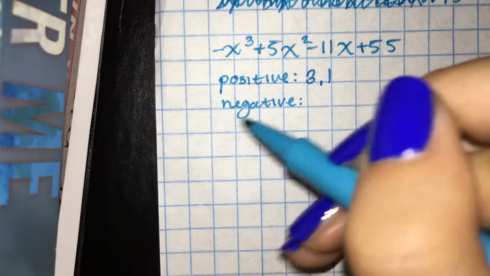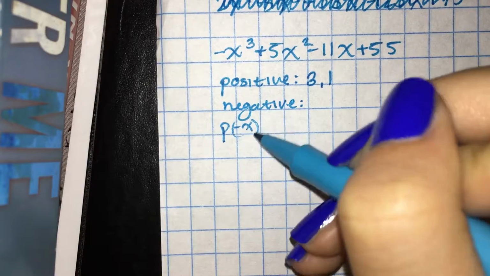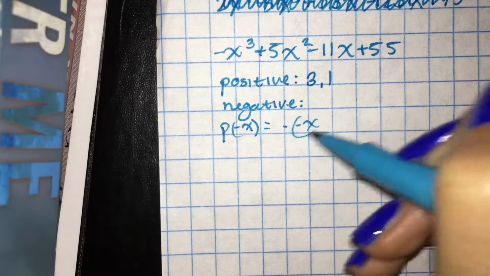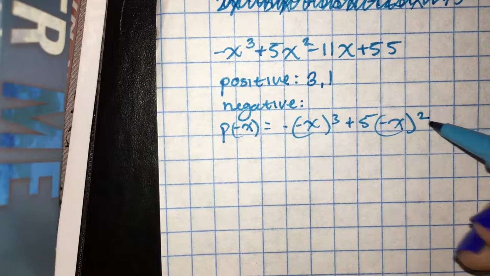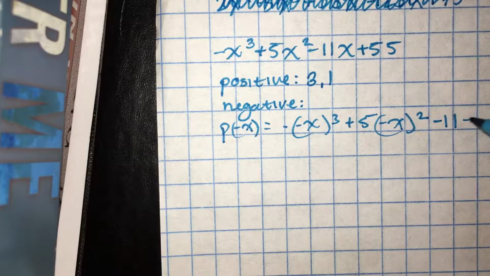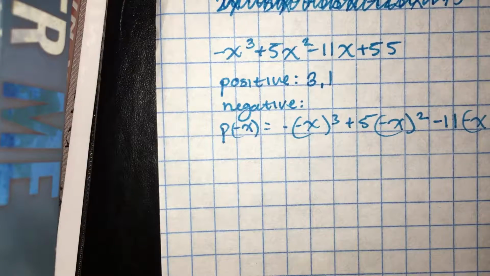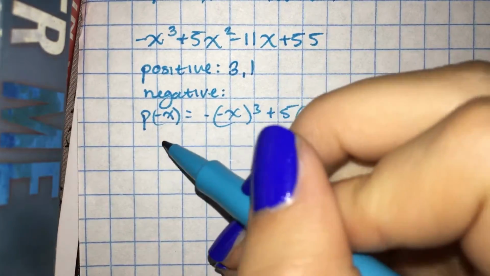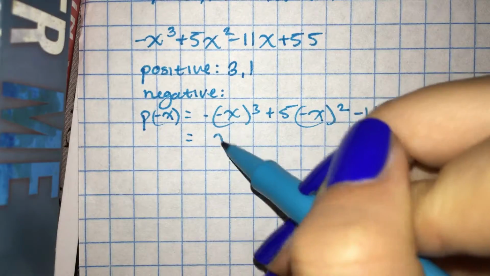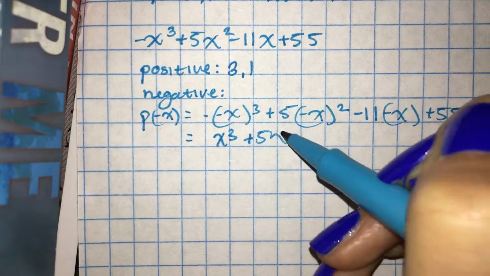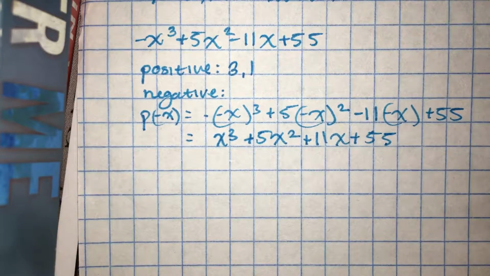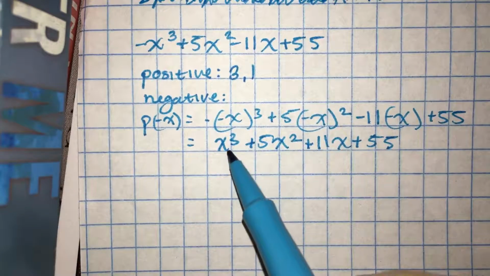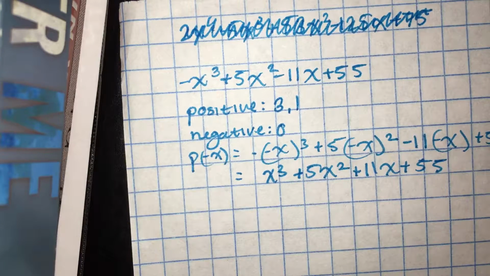So if you plug it in, P of negative x, you get negative x plus... and then you simplify everything and you get... and you count the number of sign changes again, so 0. So there are 0 negative roots for this equation.